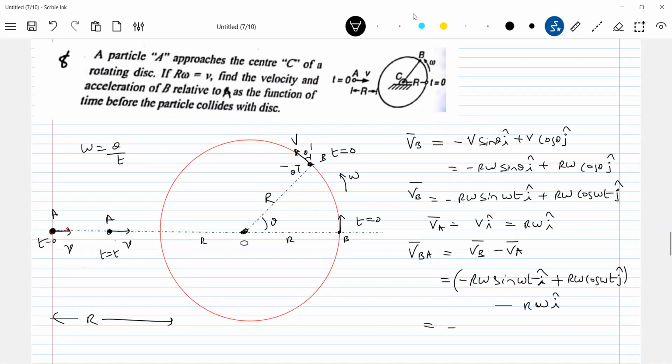So you can see this, I'll take R omega outside: 1 plus sin omega t I cap. Looking at the equation, don't get scared, nothing is there in that one. If you want it in terms of V, you can bring it in terms of V. Either of the things. I'll replace omega in terms of V. It is your convenience.